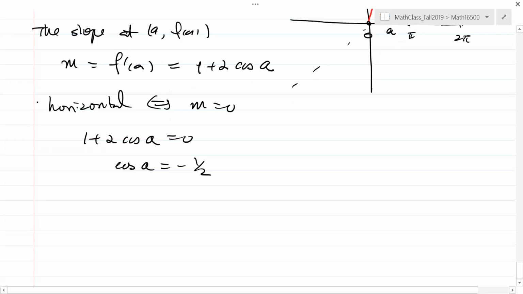Can you list all the solutions for A? How do you solve an equation like that?